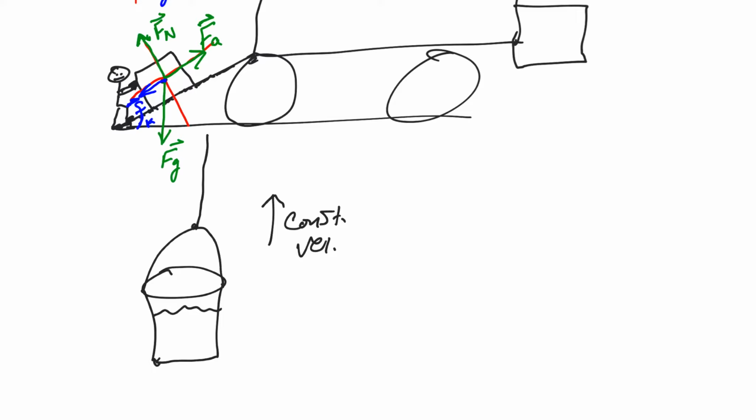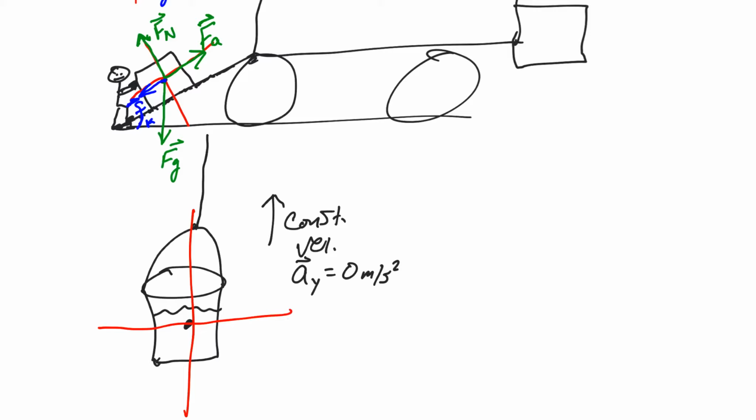Well, if it's moving at a constant velocity, then that means that its acceleration in the y-axis is 0 meters per second squared. Now, put a little dot here for our free body, so I'm just concentrating all the mass of the bucket and the water and everything in one location, right there at that center point.